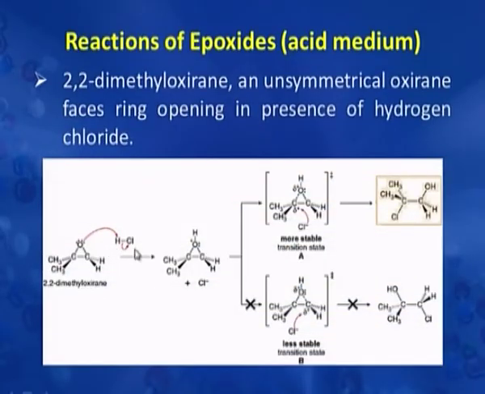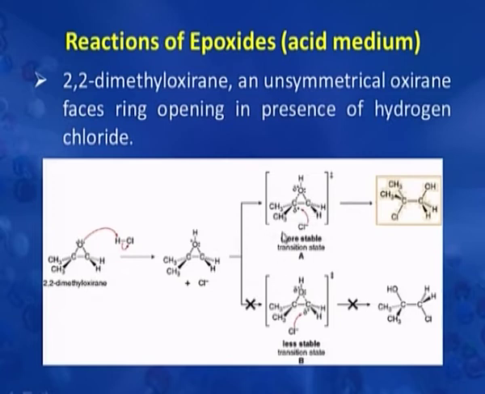Here the first step is the same, that is the protonation at the oxygen of the oxirane, and there is formation of protonated oxirane. Now in the second step, the nucleophile can attack either of the two carbons. If it attacks this carbon, then transition state B is formed. If the nucleophile attacks this carbon, then transition state A is formed.